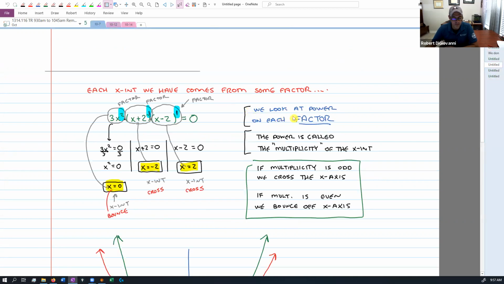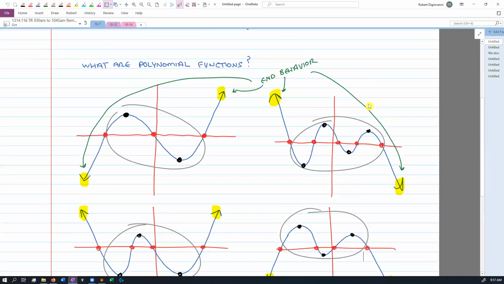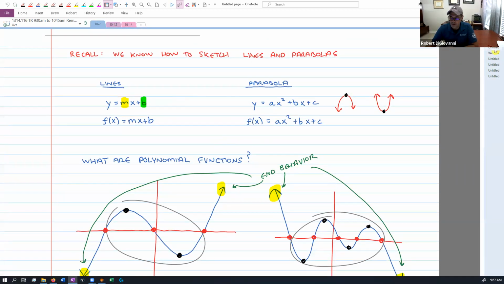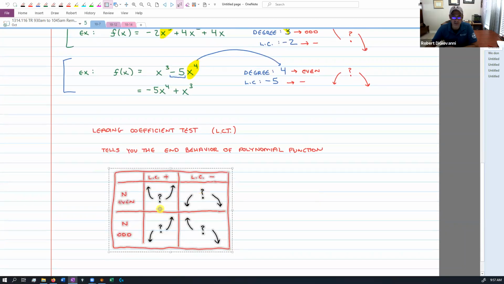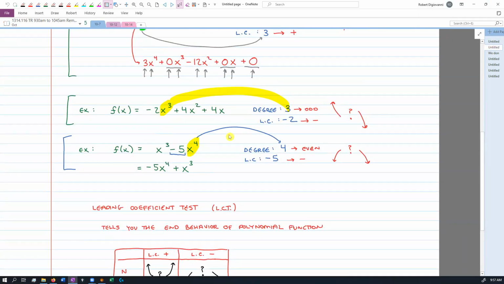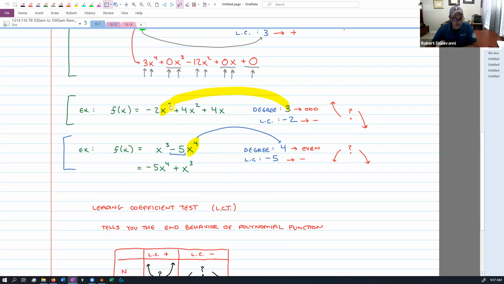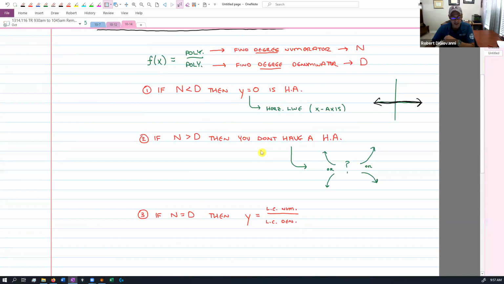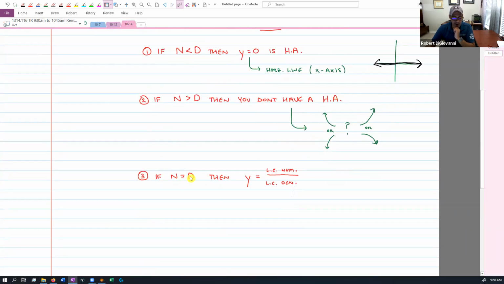Leading coefficient. When we did the leading coefficient test with polynomials, we were looking at the number in front. Here the degree was 3, the leading coefficient was -2. Here the degree was 4, the leading coefficient was -5. So the leading coefficient is the number in front of the highest power of x. If the degrees are the same, you take the leading coefficient in the numerator and divide it by the leading coefficient in the denominator. And this will be a horizontal line.